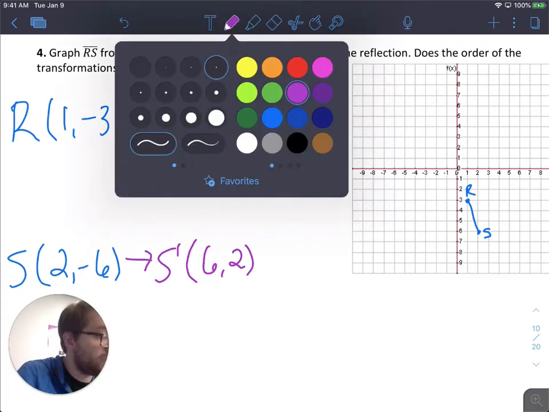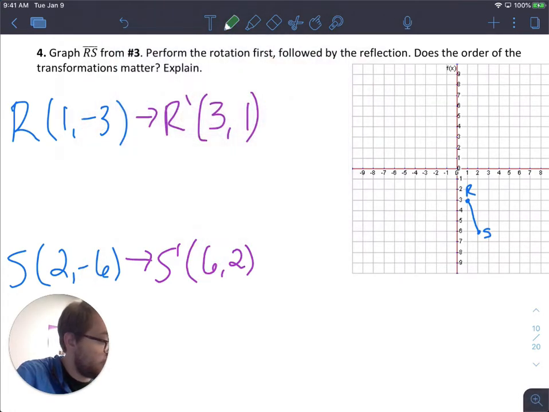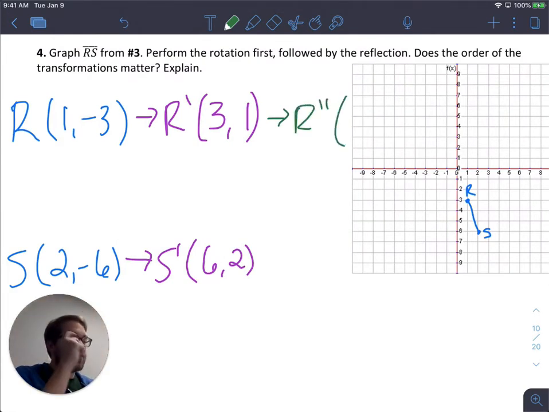And then we need to reflect it. So if we reflect it, that's R double prime. And we're reflecting in the y-axis. And when we reflect in the y-axis, we just change the sign of the x value. So this would be -3, +1.